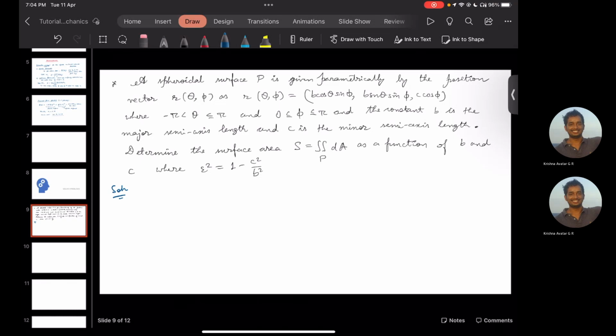At first, let me tell you how you define the surface area. The general formula, and you can understand how to obtain this expression from differential geometry, it essentially comes from there.